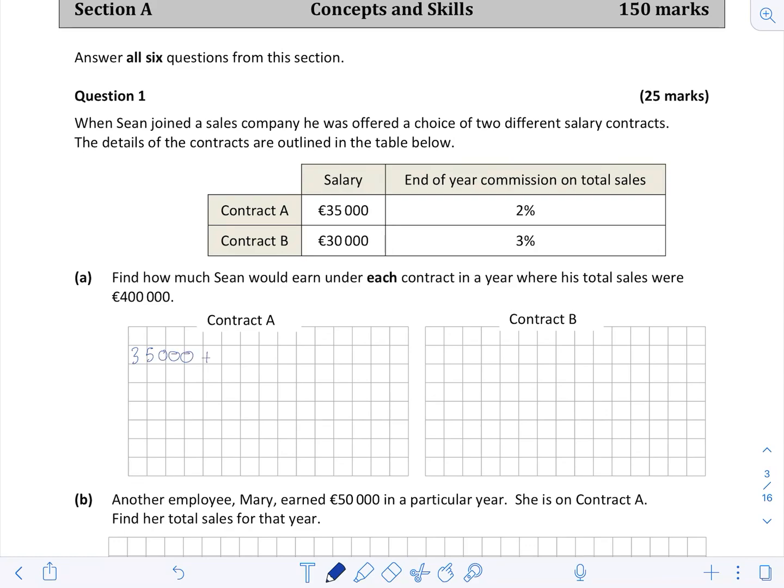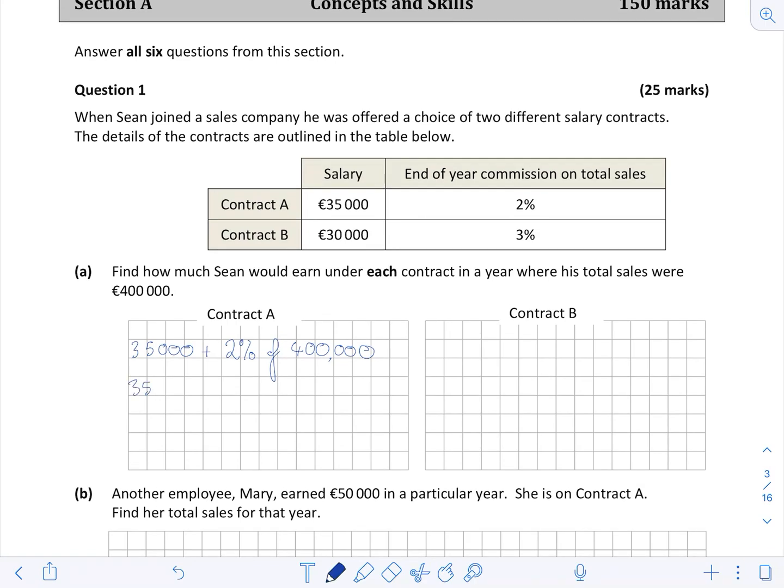but he's also going to get 2% of 400,000. And we know that that word of, that means multiply. So we're going to get 35,000 plus 2% times 400,000. And we can bash that into our calculator.